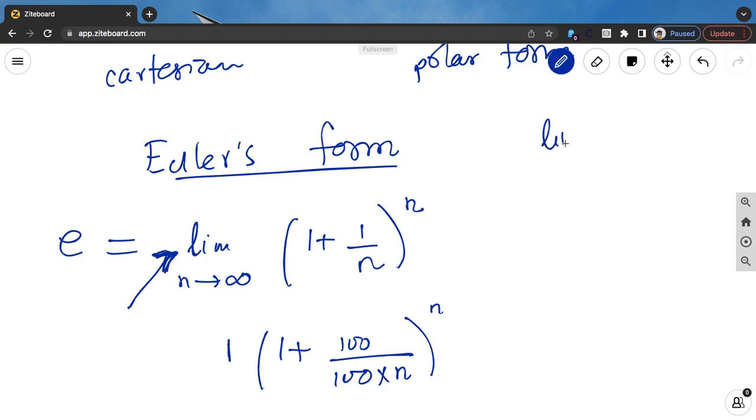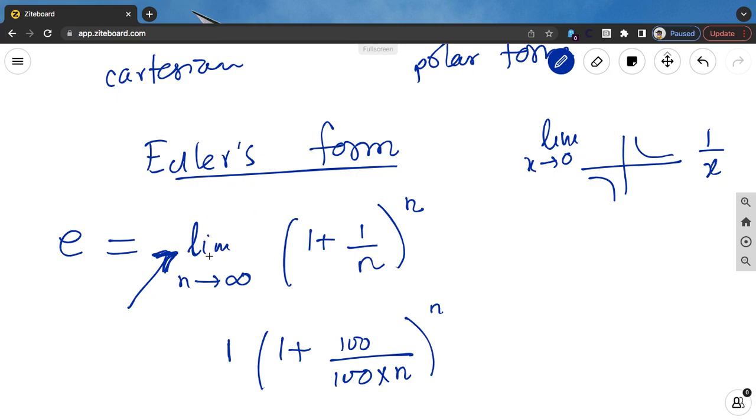If you remember in the asymptote, when we would say vertical asymptote, say for example 1 by x is the function. Limit as x tends to 0, what happens to 1 by x? 1 by x becomes infinity in the limiting condition.